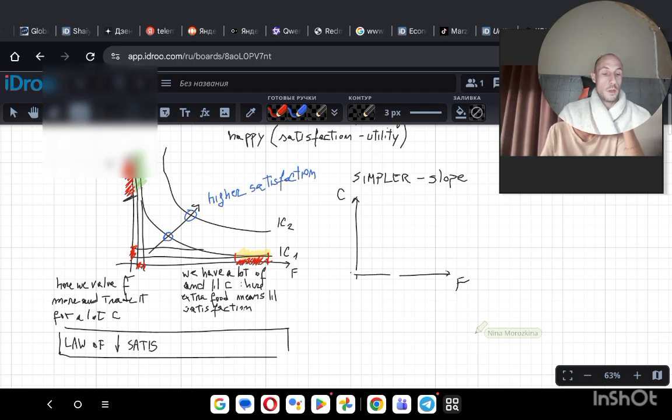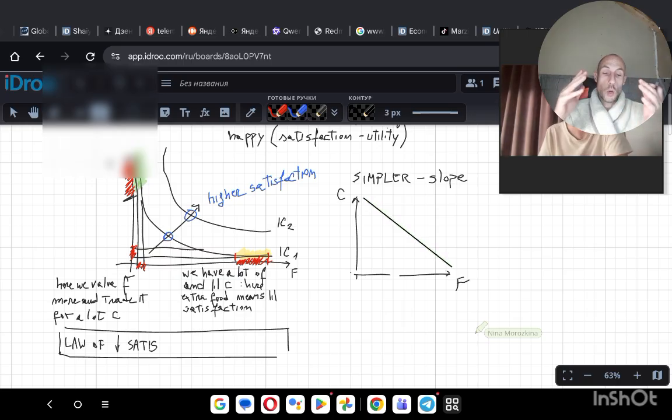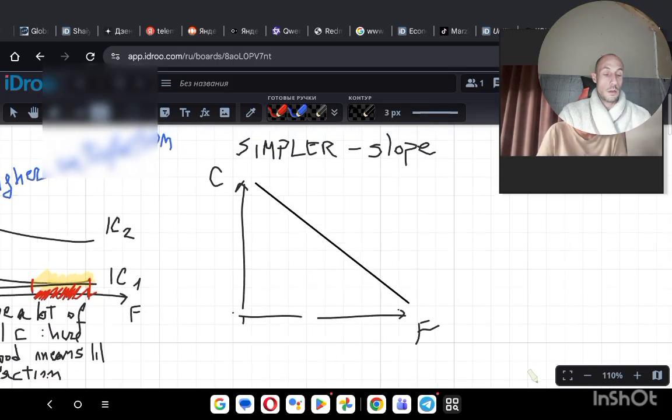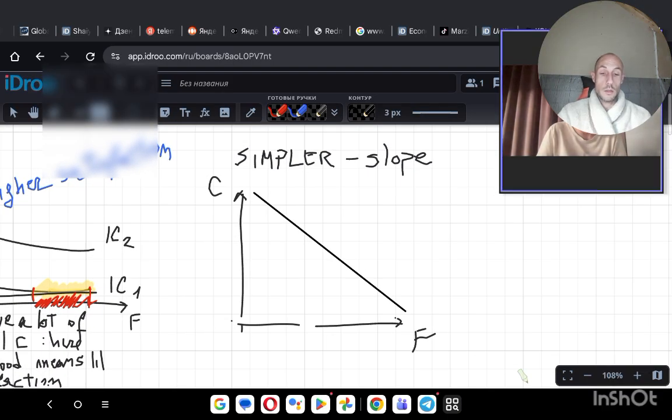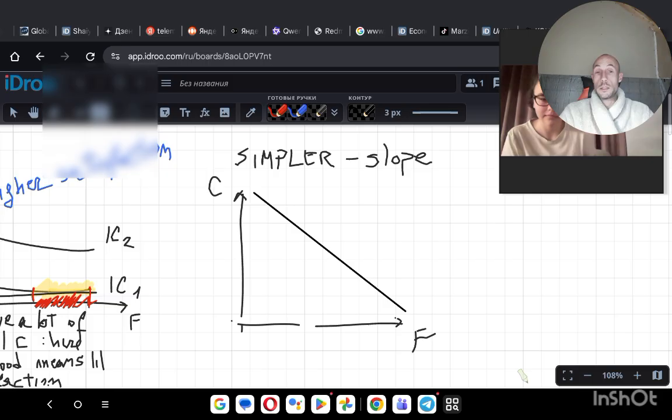But if we talk about the relative value of these goods, what can you see, since it is a line? In this case, I would like you to put down a comment, at least in words.